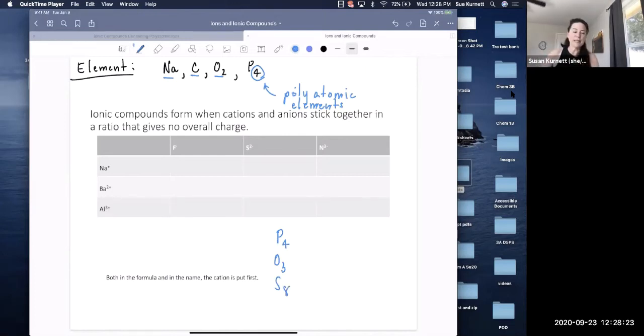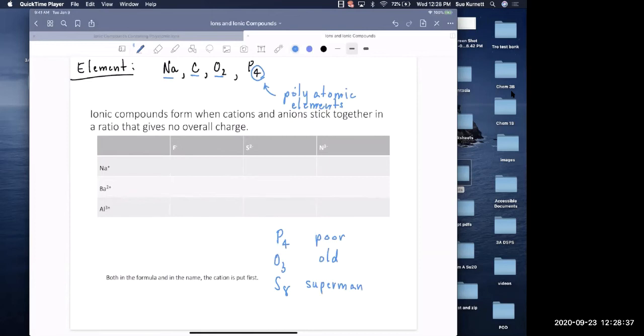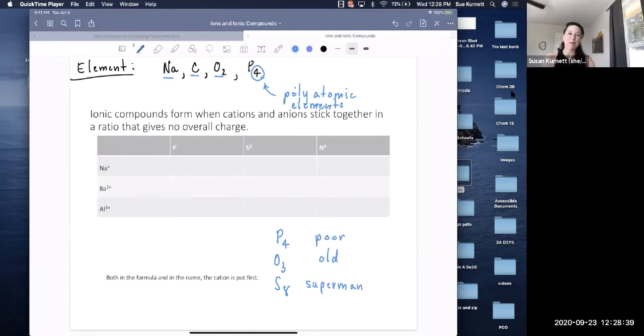And a student once came up with this mnemonic: poor old Superman. Poor has 4 letters, old has 3 letters. Guess how many letters Superman has? 8. Yes. So you need to know those. Poor old Superman, those are polyatomic. But the point here is an element just has 1 capital and no charge showing.